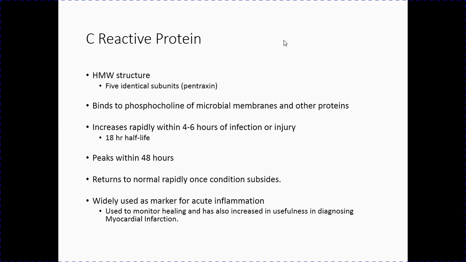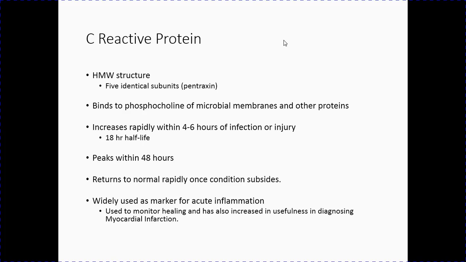C-reactive protein has a short half-life, about 18 hours, and it peaks within about 48 hours of response. So it has a really rapid rise and a really rapid return to normal once the condition subsides. It's a really effective monitor for markers of injury and inflammation because it rapidly returns to normal after the condition is gone.